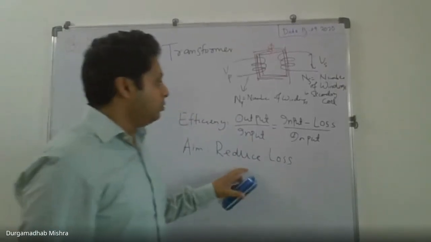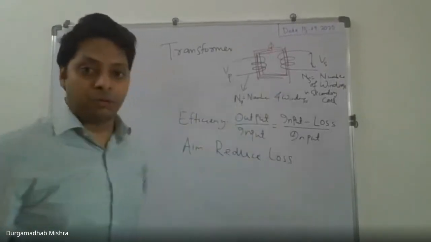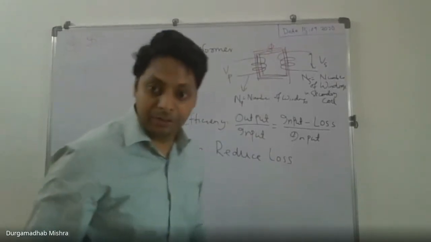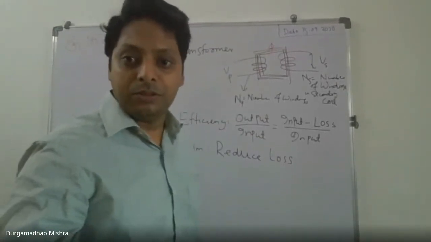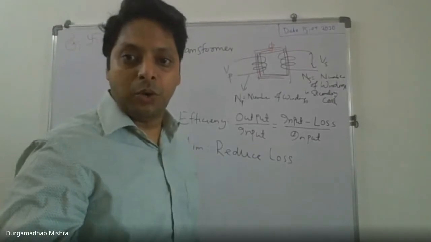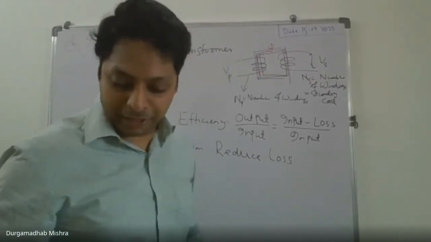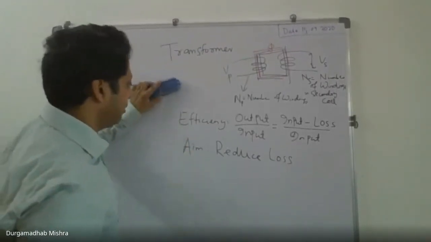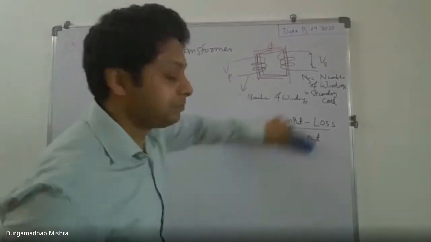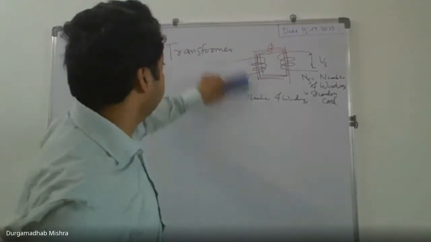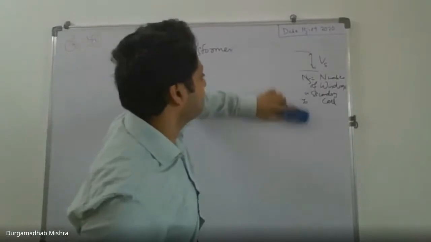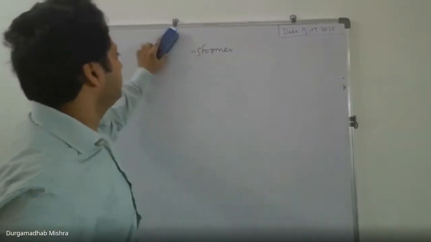So what are the ways in a transformer that loss can happen? What kind of losses do you expect or think can happen in a transformer? Anyone? Heat loss.